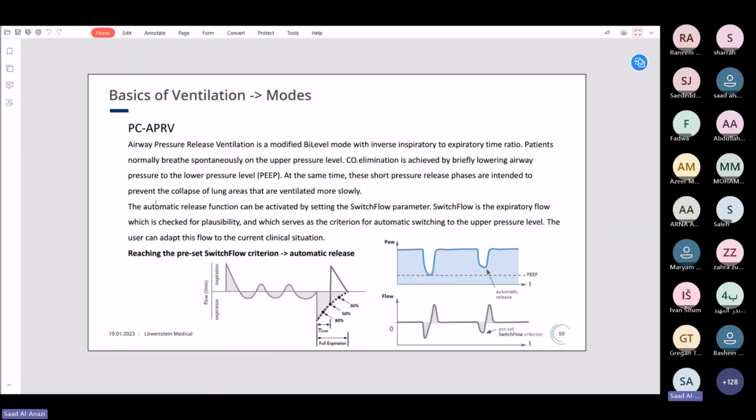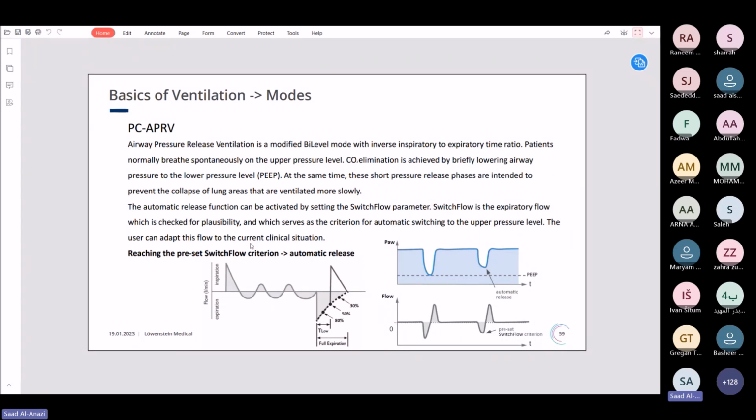What is the APRV? It's airway pressure release ventilation. It's like a bi-level mode with an inverse inspiratory to expiratory time ratio. The patient normally breathes spontaneously at the upper pressure level. CO2 elimination is achieved by briefly lowering the airway pressure to the lower pressure level.